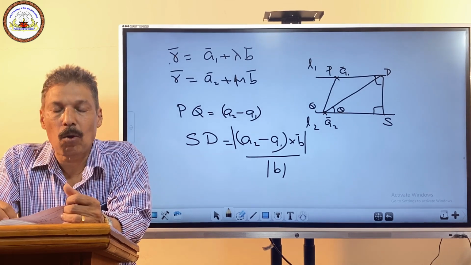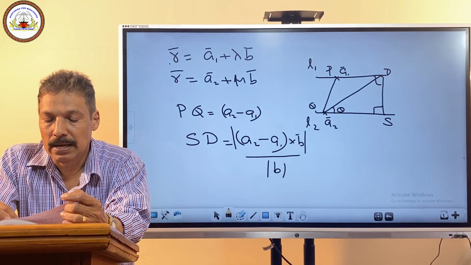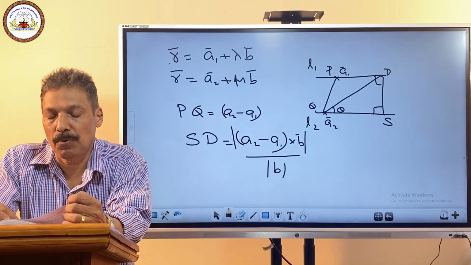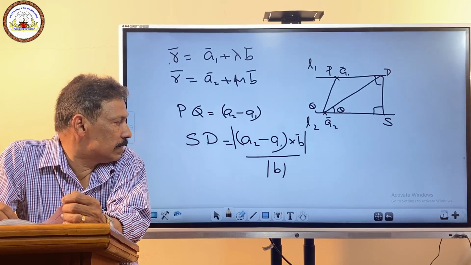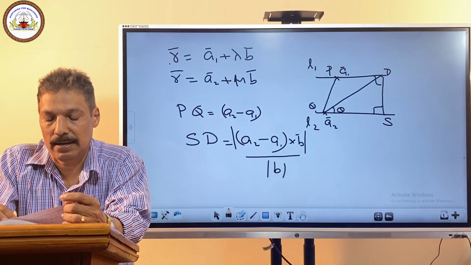Here B bar is the common vector to the given lines, and A2, A1 are the points on the given lines. Applying this formula, we can find the shortest distance between two parallel lines.